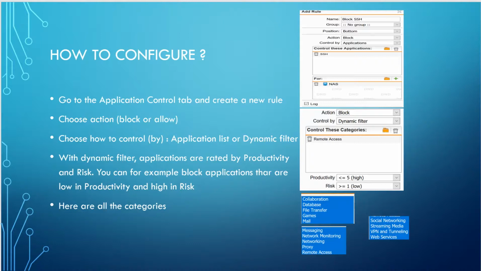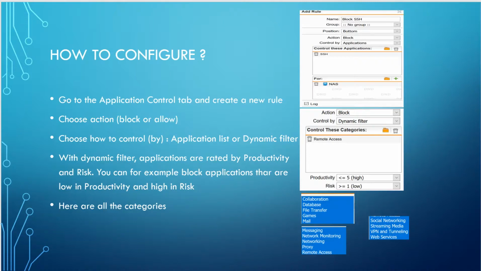And then you can control by two different types, by applications or by using a dynamic filter. When we talk about applications, it's fairly easy. If you click here on this little folder tab, you will have a list of all the applications. The applications are arranged in categories that you can see here. Those are all the categories, and inside the categories, you've got applications.